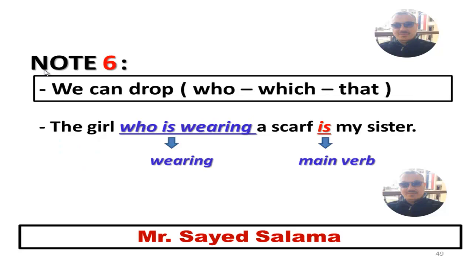Number 6, we can drop، ممكن نحذف who أو which أو that لو كانت بتحل محل جملة ماضي مستمر أو مضارع مستمر.